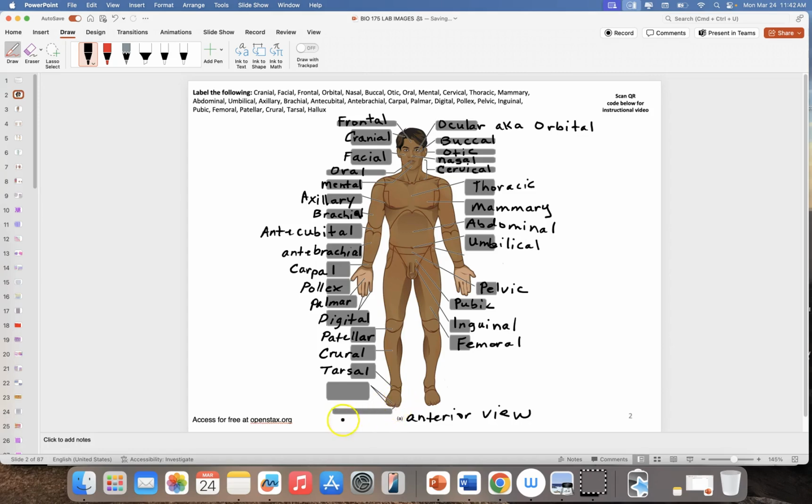The great toe, we use hallux. And then the other toes, just like with the fingers, we're going to use that term digital. And there's our anterior side.